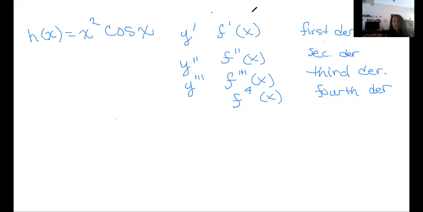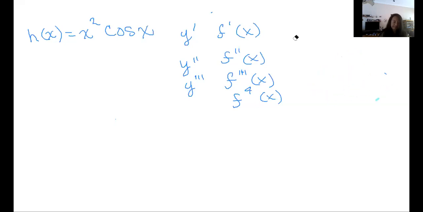And some other ways that you might see this written. Let me give myself some room here. It might be written like this, that would be find the derivative. Find the second derivative. Might look like this.